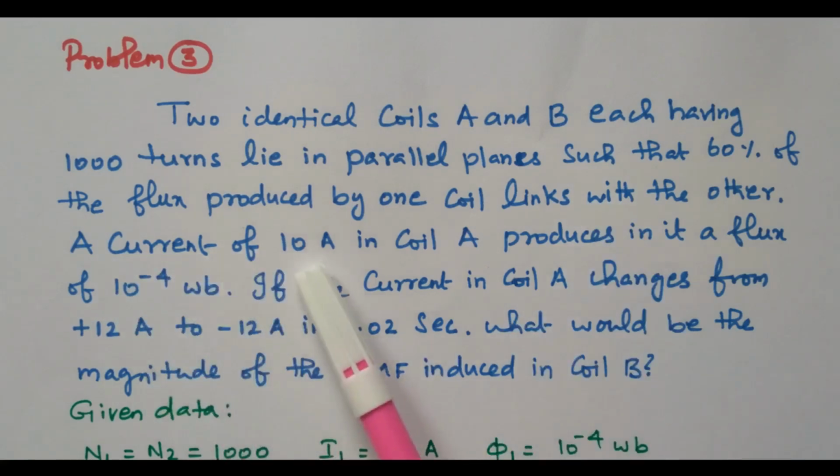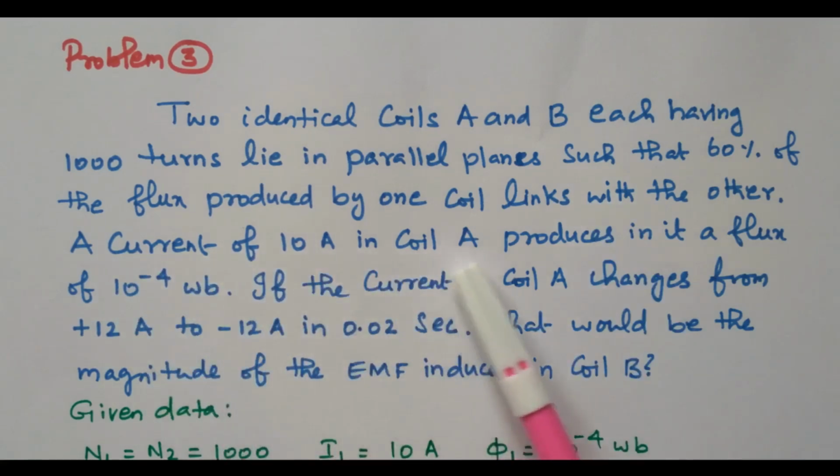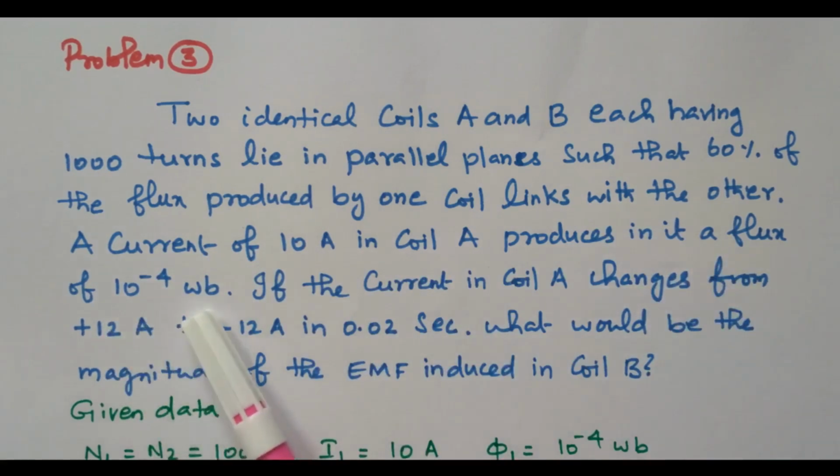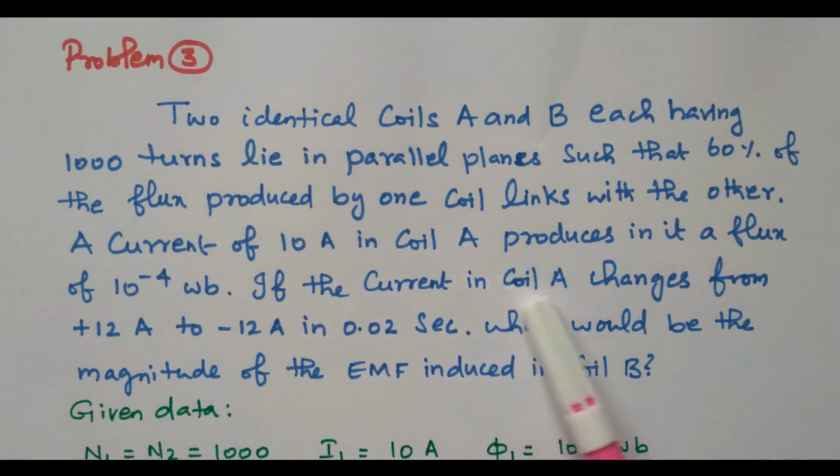The current is 10 ampere in coil A, which produces in it a flux of 10 to the power minus 4 Weber. If the current in coil A changes from plus 12 ampere to minus 12 ampere in 0.02 seconds, what would be the magnitude of EMF induced in coil B, the second coil?